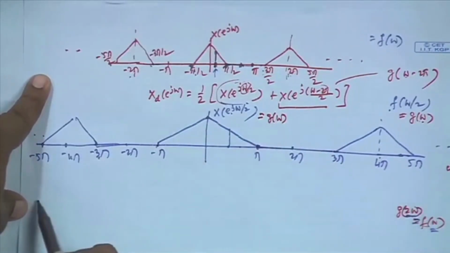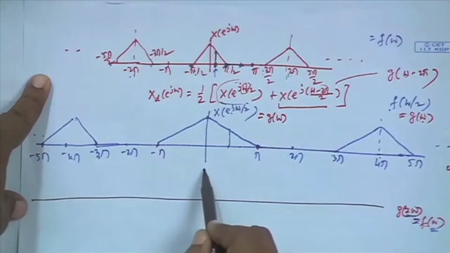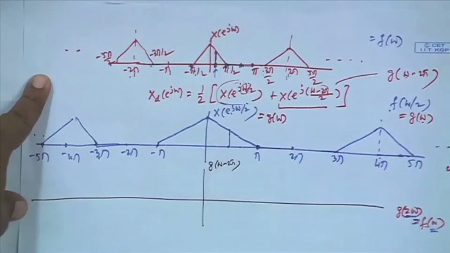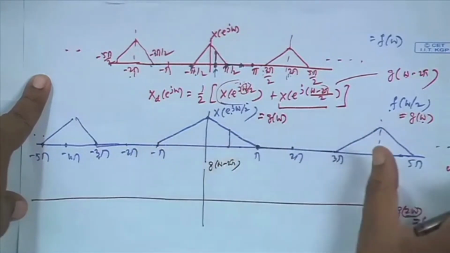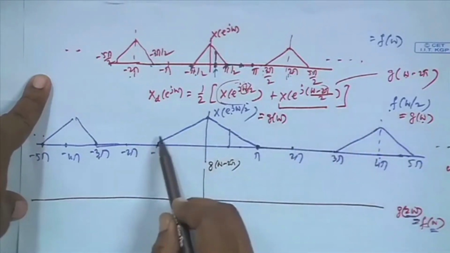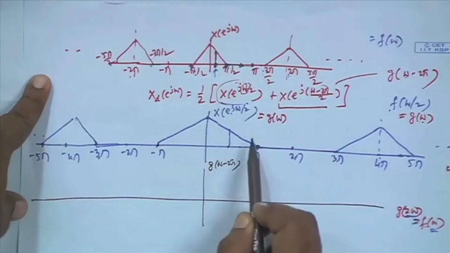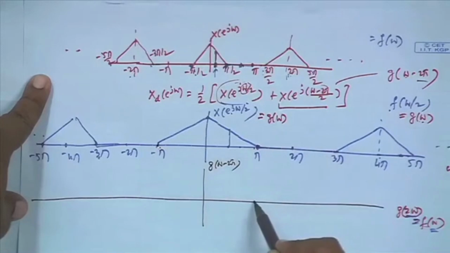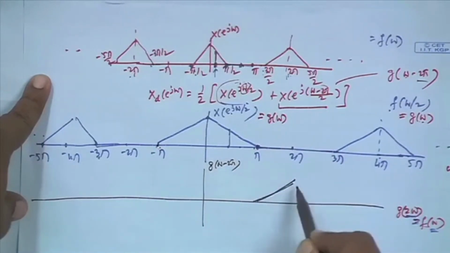So if you plot it, this entire thing will get shifted to the right. Minus pi will come to the right by 2 pi, because it is shifted by 2 pi. So this will come here, pi will go to 3 pi. So you will have things like this here.